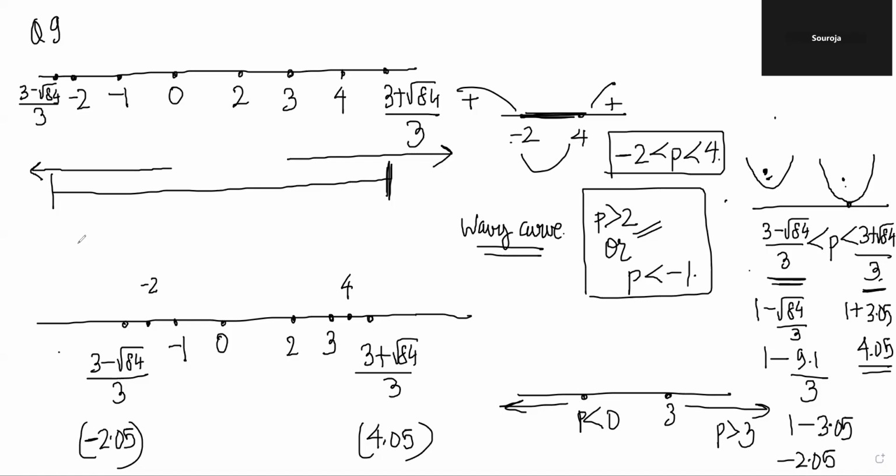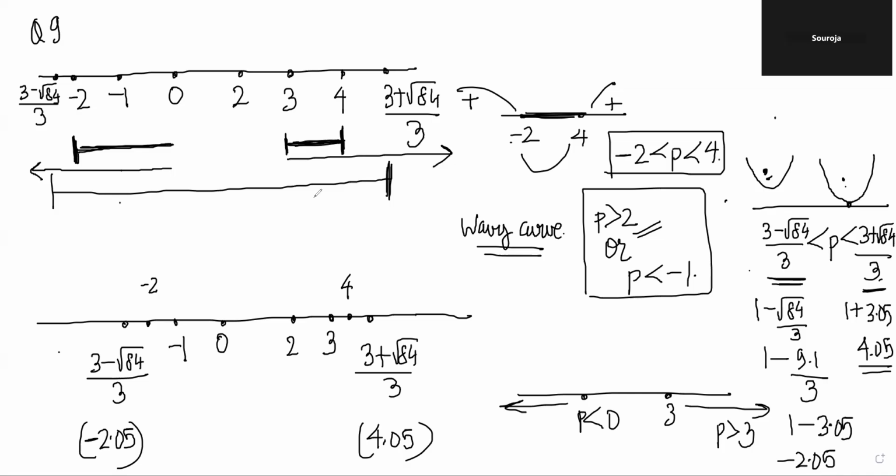Then this condition is P should be between -2 and 4. So notice that now combining all three, we are getting -2 to here and then from here to 4, right? Do you understand? Because you have combined all three cases now, right?